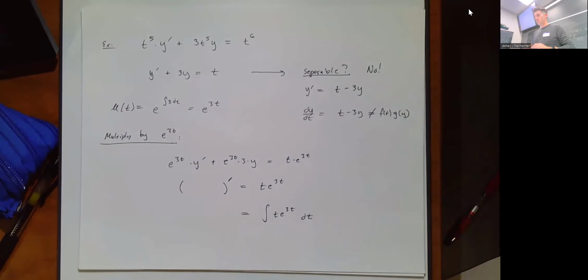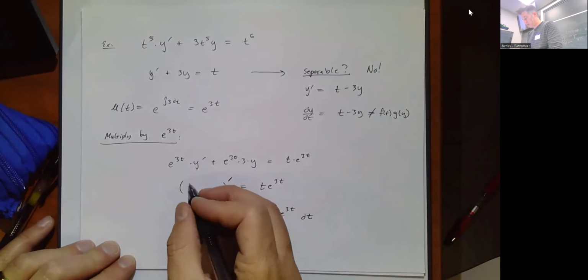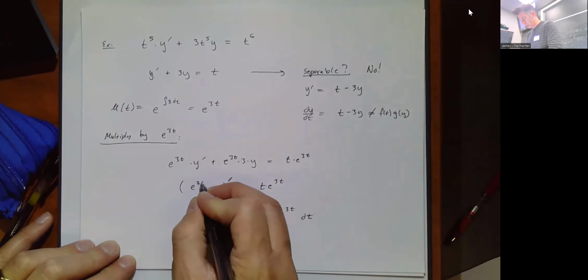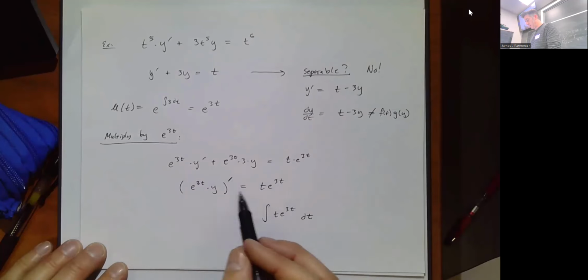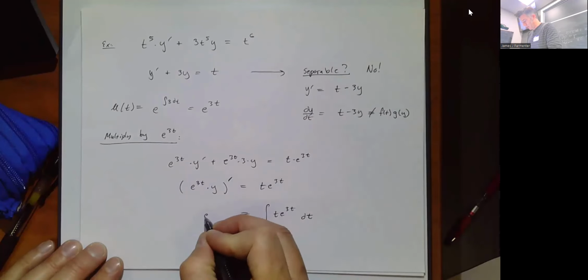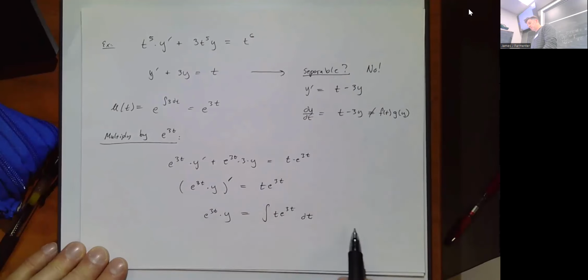All right, you should be able to write this left-hand side as the derivative of the product, e to the 3t times y. And then integrating both sides, you just get e to the 3t times y equal to the integral of t e to the 3t.